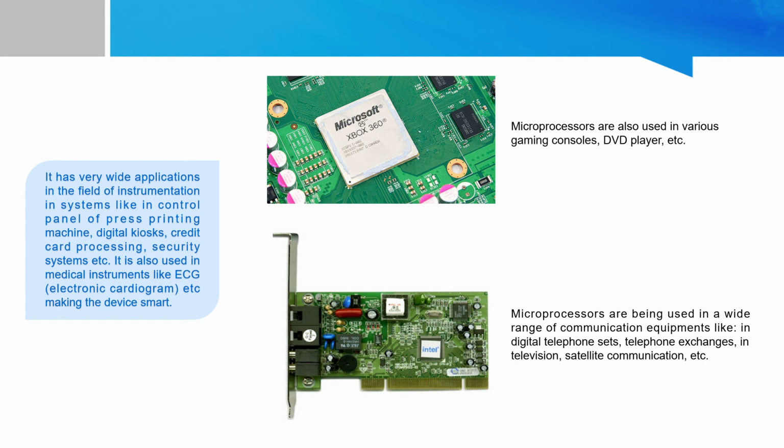For example, microprocessors are also used in various gaming consoles or DVD players. And another example, microprocessors are being used in a wide range of communication equipment like digital telephone sets, telephone exchanges, television, and satellite communication. That's all.